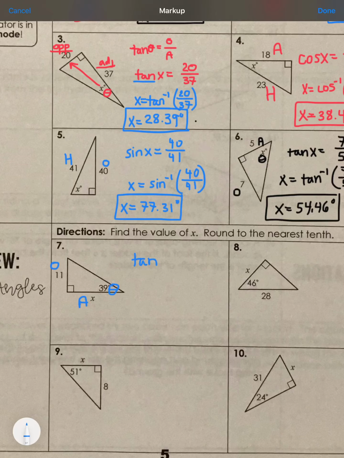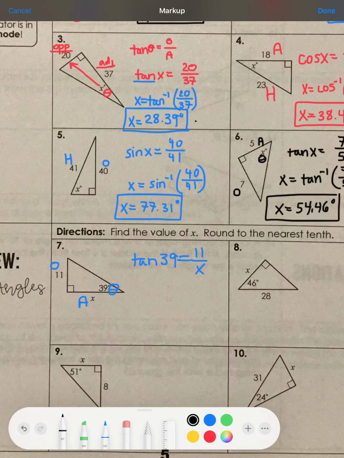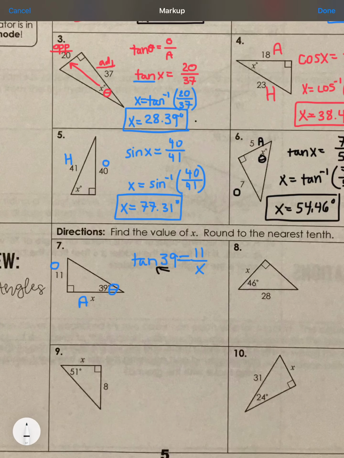So we have the angle is 39. We have the opposite and the adjacent. So this is going to be tangent of 39 equals 11 over x. Remember, when x is in the denominator, you can switch these guys, which ends up being the same as multiplying by x and then dividing by tangent 39.